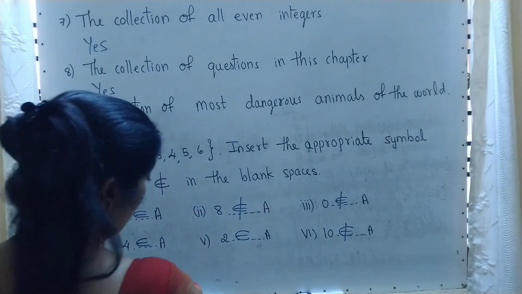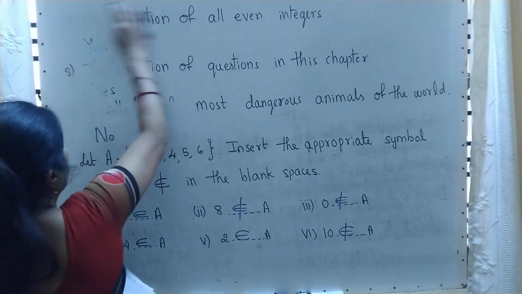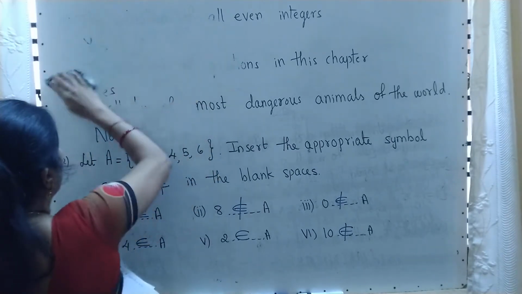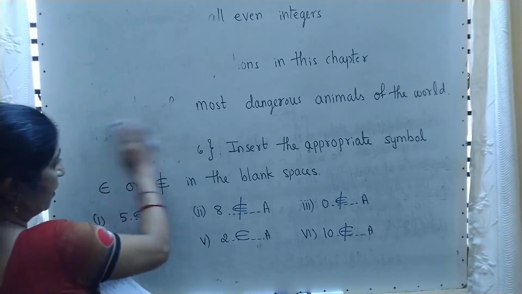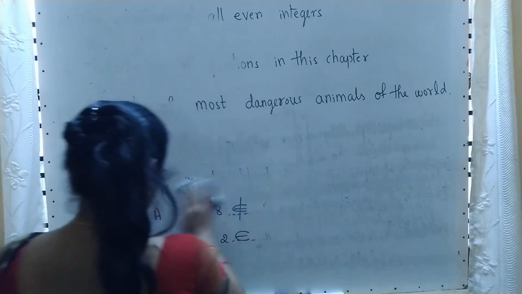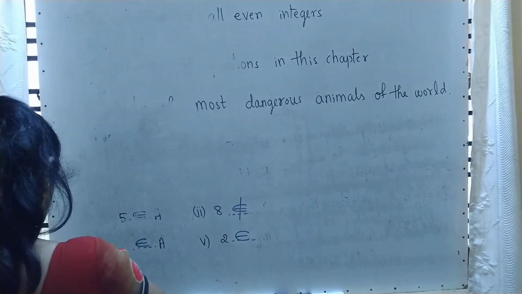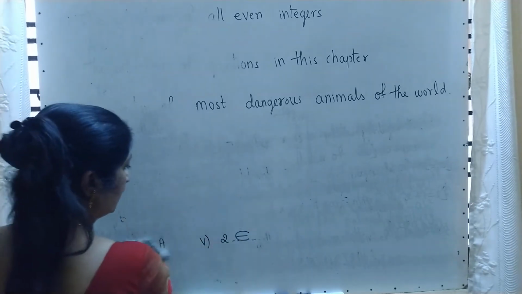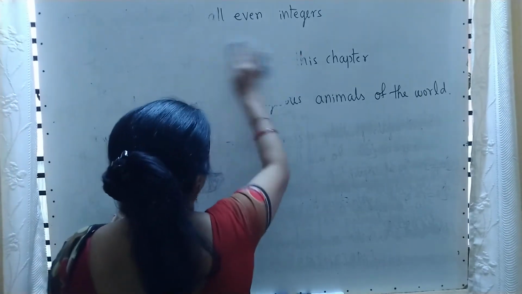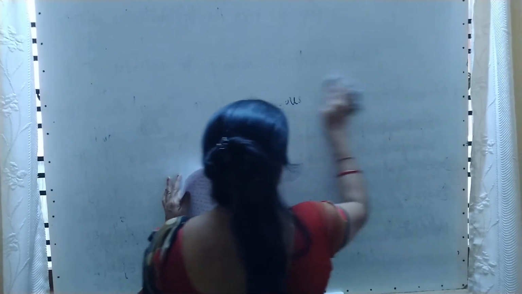Moving to the next question, not next question, it is the next concept. There are 2 methods to represent a set. Now I am explaining that representation.